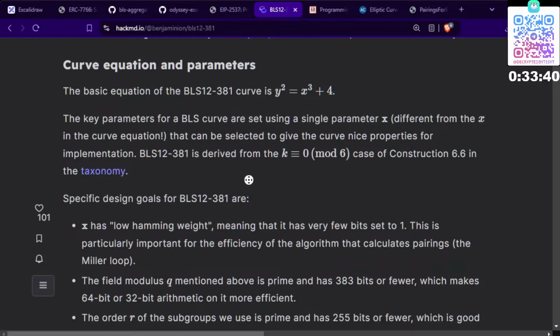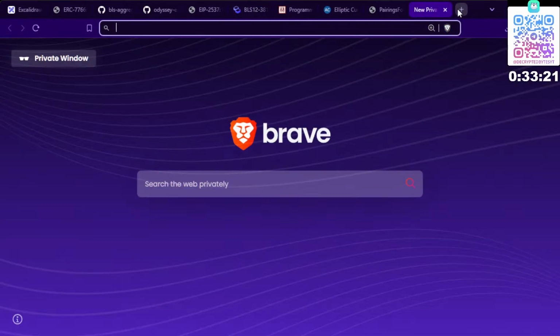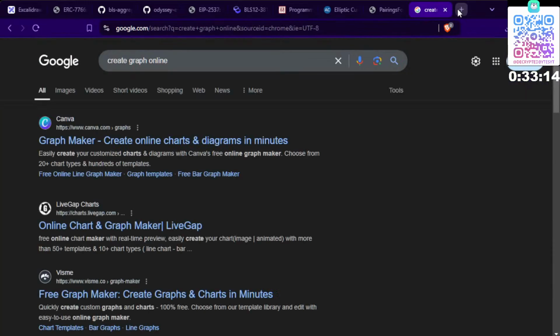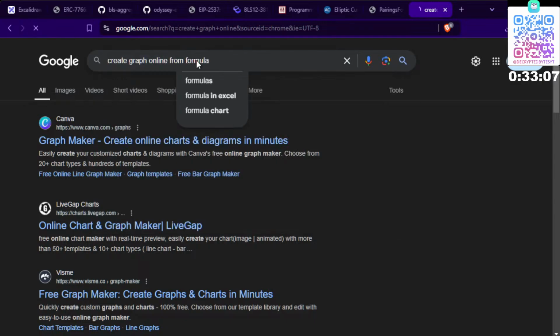Curve equation and parameters. The basic equation of the BLS 12381 curve is y squared equals x cubed plus 4. Should we create a graph online from the formula?